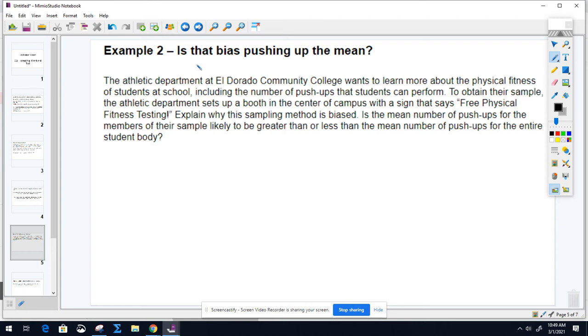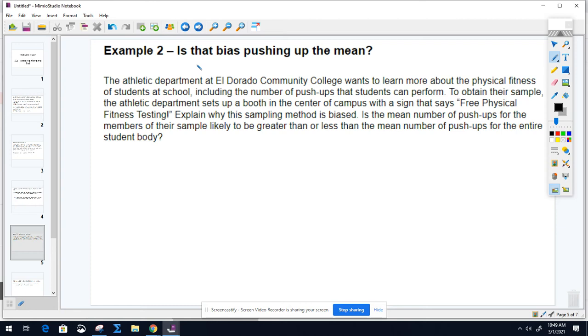And when I read this problem and I think about it, probably if you're not very fit, you're not going to get down there and do 1 or 2 push-ups, or even 0 push-ups, get down on your knees and do push-ups. Probably only the students that are most fit are going to stop to actually do this push-up.